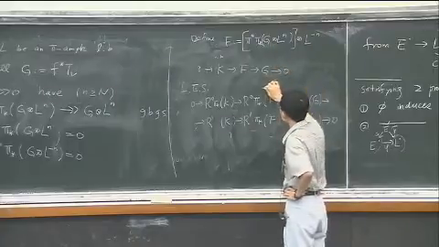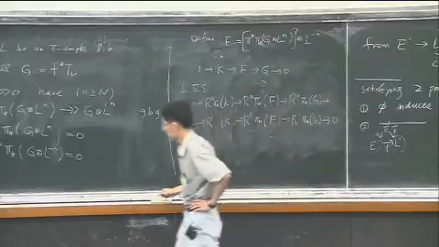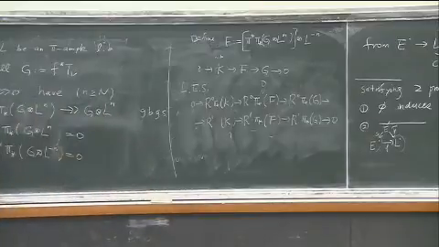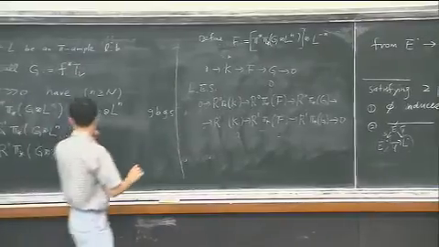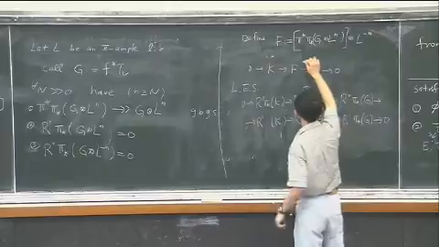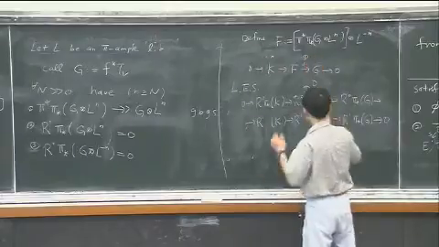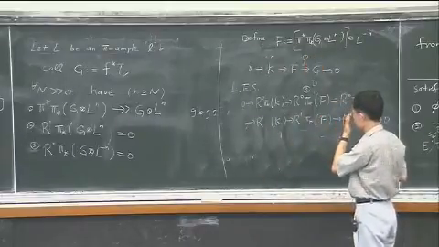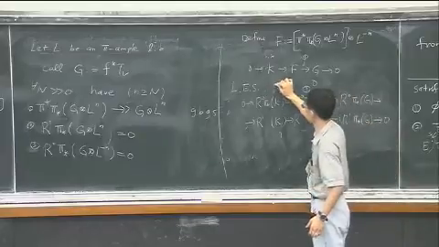Only this happens, so this will be 0 by the third. Maybe I'll put 1, 2, 3 or something so I can refer to them. By the third, I have this equal to 0. So this is by 1. Right, and because of this being 0, this has to be equal to 0 as well.